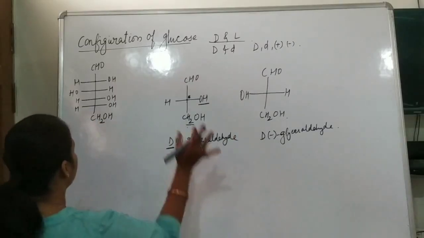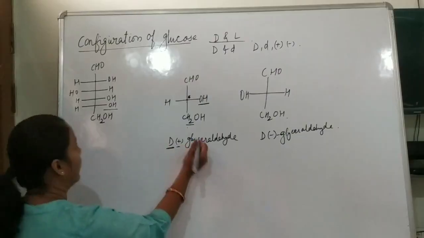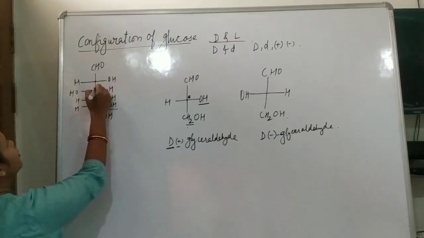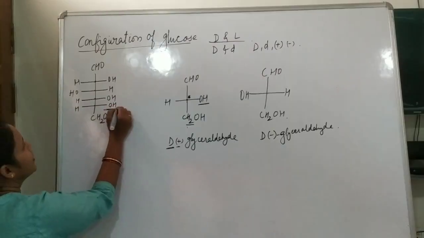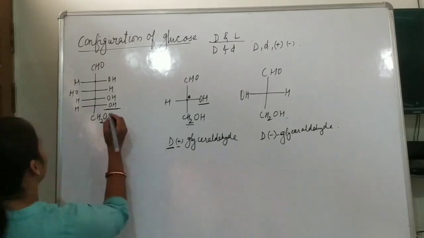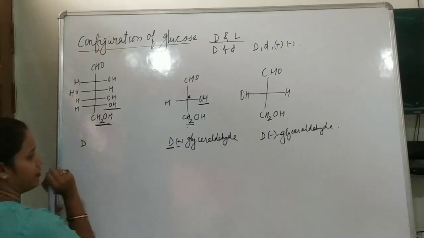Okay, so if we compare with respect to glyceraldehyde, glucose has how many asymmetric carbons? 1, 2, 3, and 4. Here the lowest one is this OH. If it is present on the right hand side of the CH2OH, then it has a D configuration.